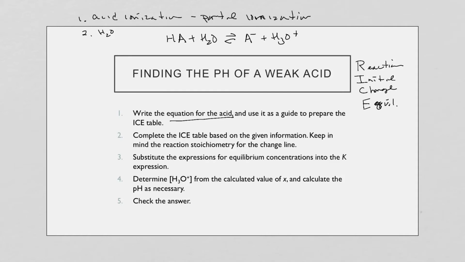And in all of our problems here, our target is the equilibrium concentration of hydronium, because that's what's going to allow us to calculate the pH. So we're going to set up our ICE table from the reaction of that ionization of our weak acid.